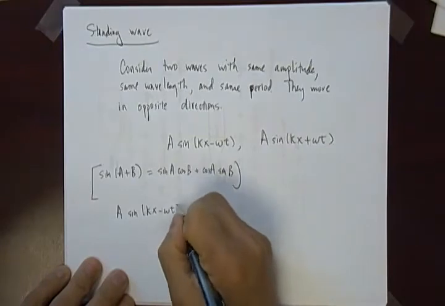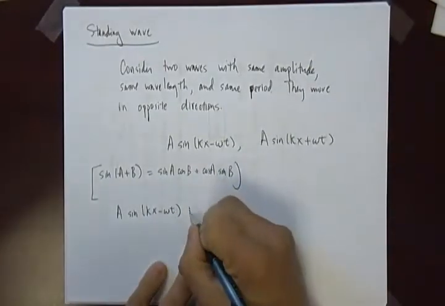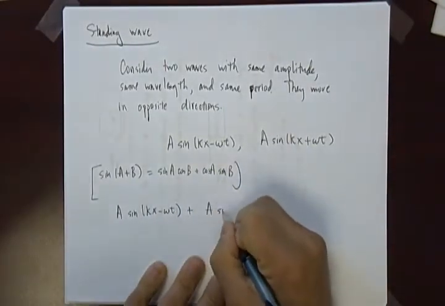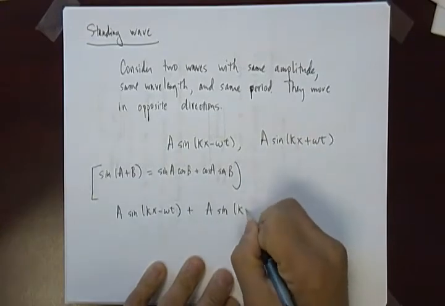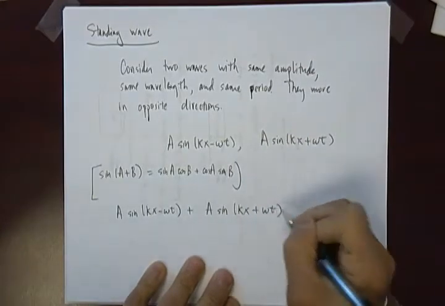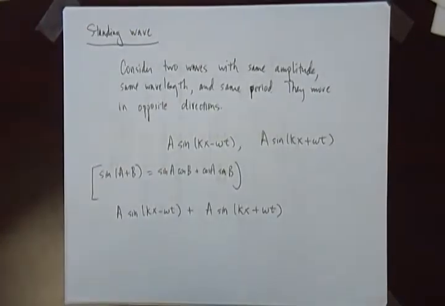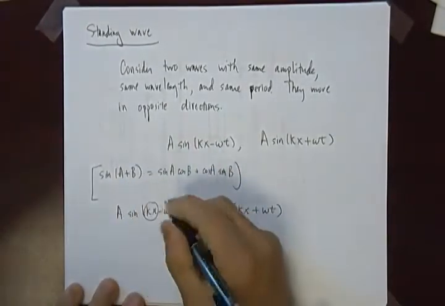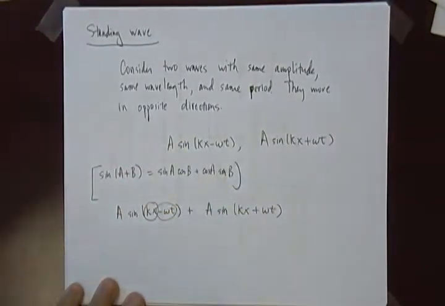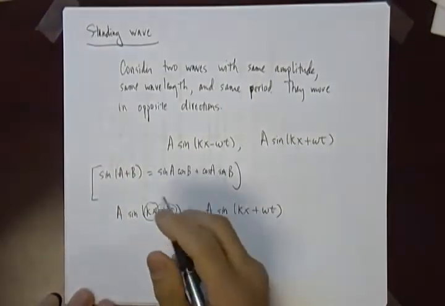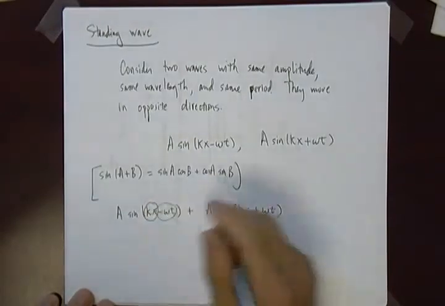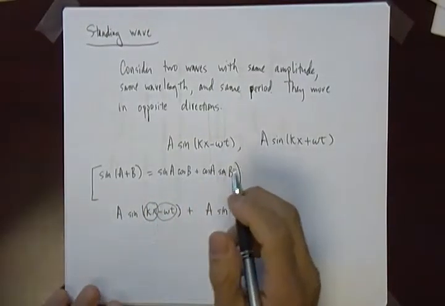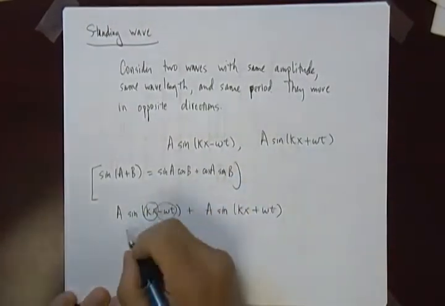So we have A sine of kx minus omega t plus A sine of kx plus omega t. Now this is what I'm considering to be A, and this is what I'm considering to be B, so I can break this apart. It's not that hard.